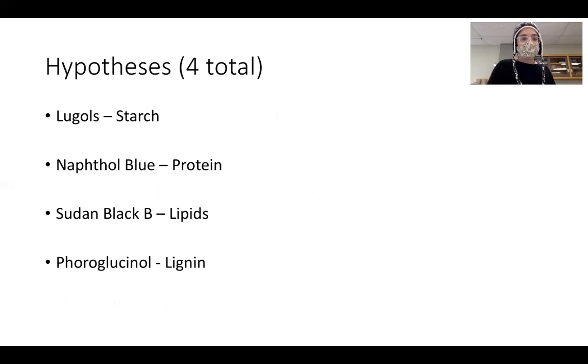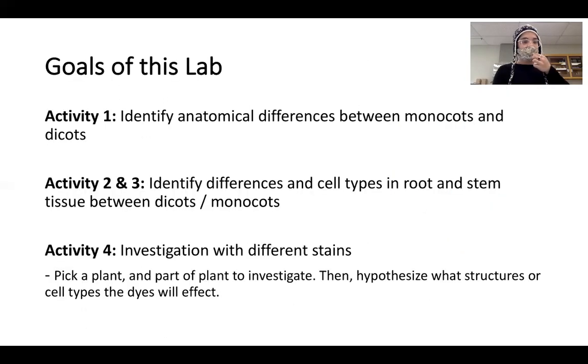And so for example, we'll have dyes that dye for starches, proteins, lipids, and lignin. And so your goal during this is to pick a plant and a part that you want to investigate. We have carrots, we have celery, and then we'll have a bunch of other things that are popping up outside that you can look at.